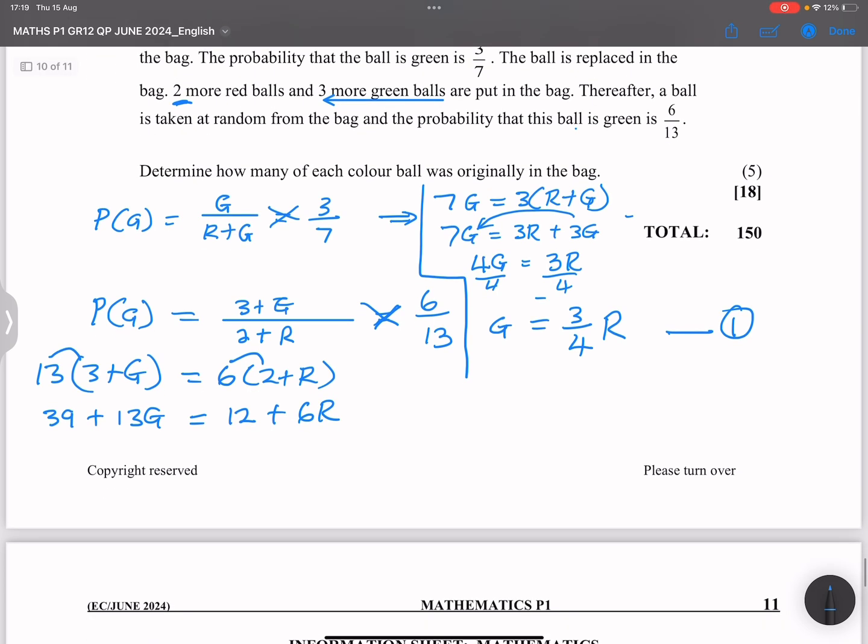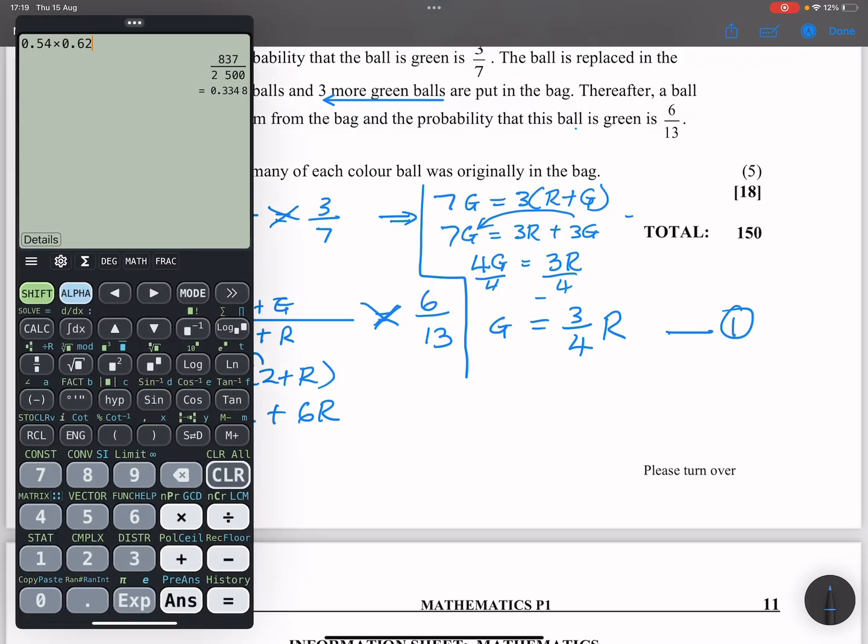Right, and again, we can have an expression there and say, well, that gives us 13g, 39 minus 12 would give us 27.